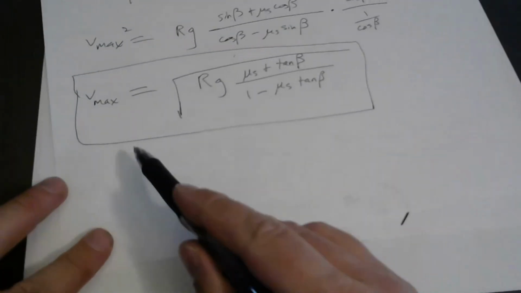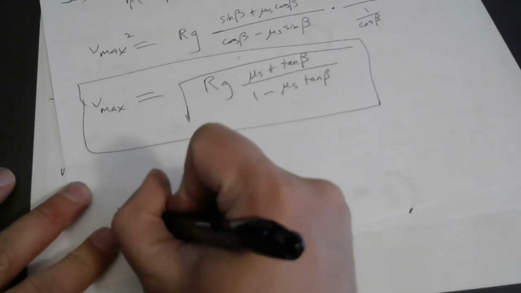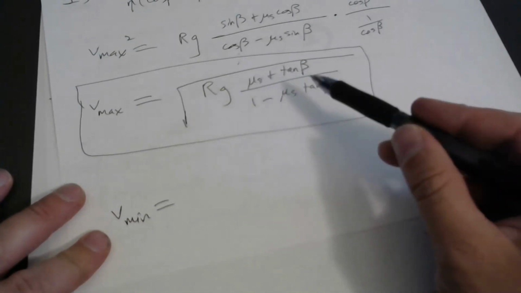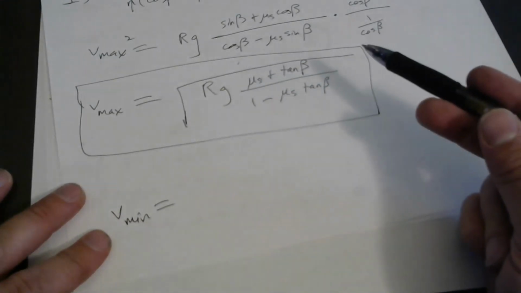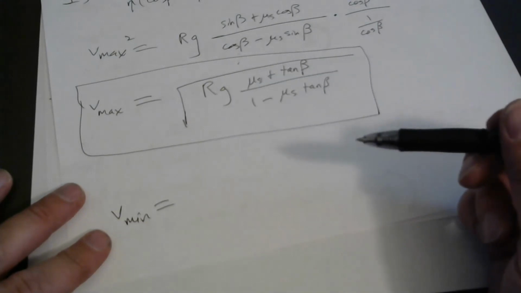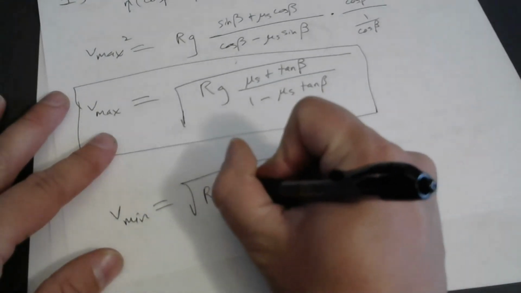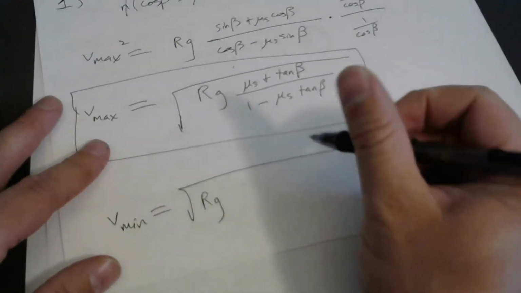Right here, this is the expression for the max possible speed. All I have to do is change the sign of mu sub s, and that is equivalent to redoing the free body diagram and rewriting the equations with Fs pointing in the opposite direction. That's pretty cool. And you know, little tricks like that show up fairly often.